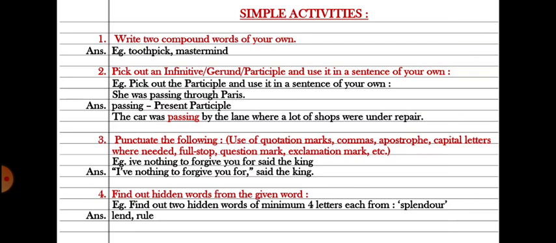Answer: LEND, lend, RULE, rule. You can find out more hidden words. However, remember to take note that the words must bear a minimum of 4 letters each and should be a sensible English word.